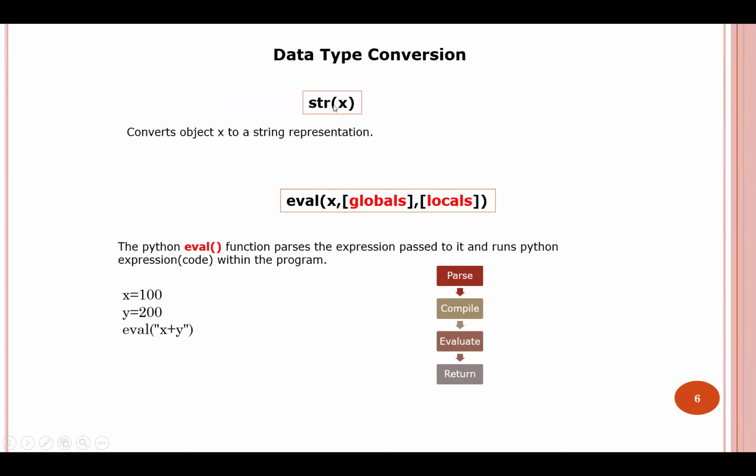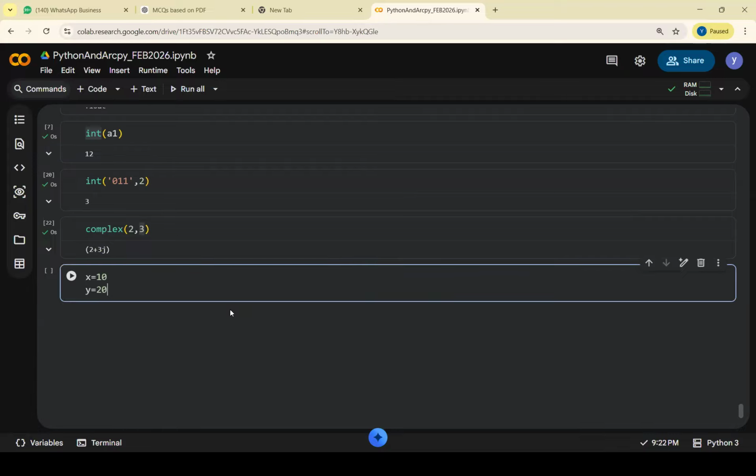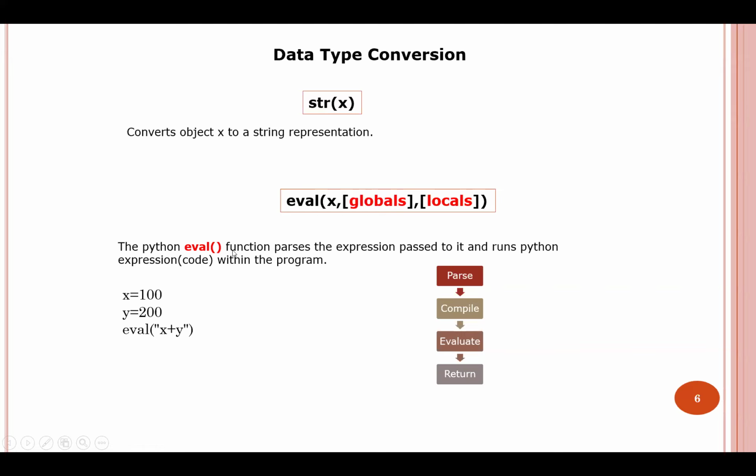Now after that, string, you already know how we can convert something to a string. The eval function is not much used. It parses the expression and runs it. Let's suppose x is equal to 10 and y is equal to 20, so the values of x and y are numbers.